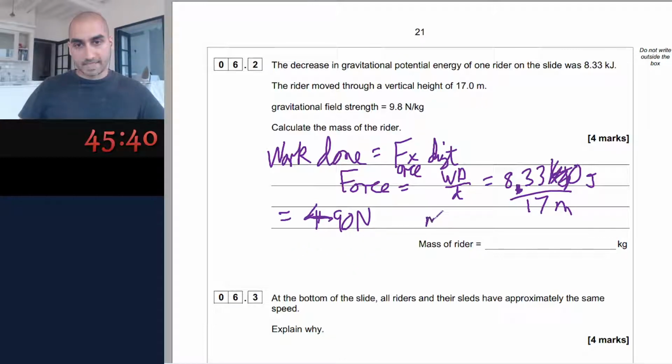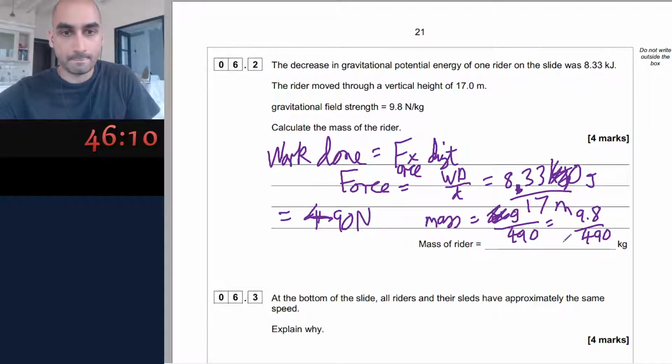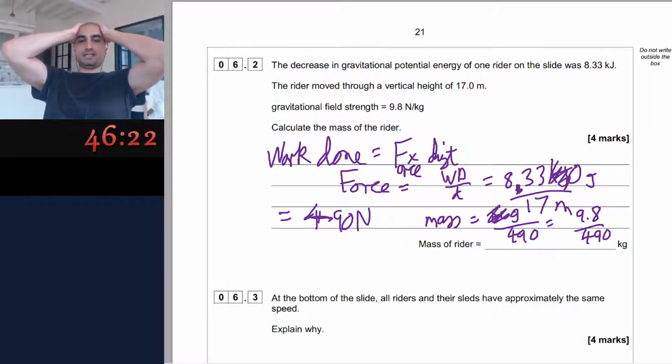So mass equals G field strength divided by 490 equals 9.8 divided by 490, 0.02 kilograms. That can't be right.